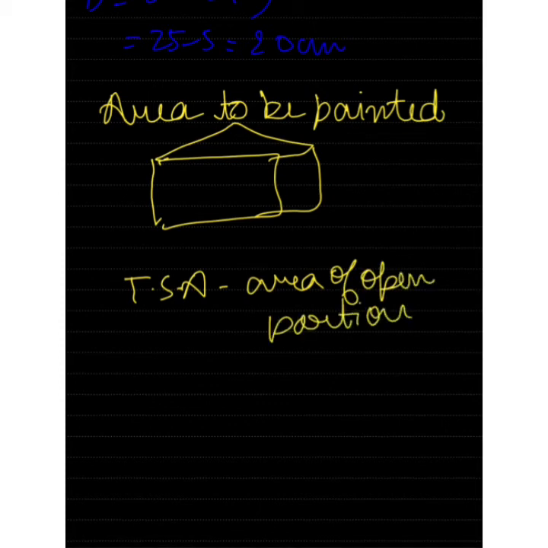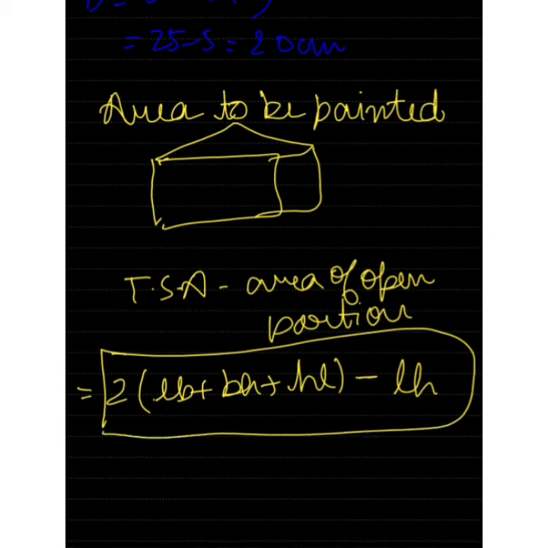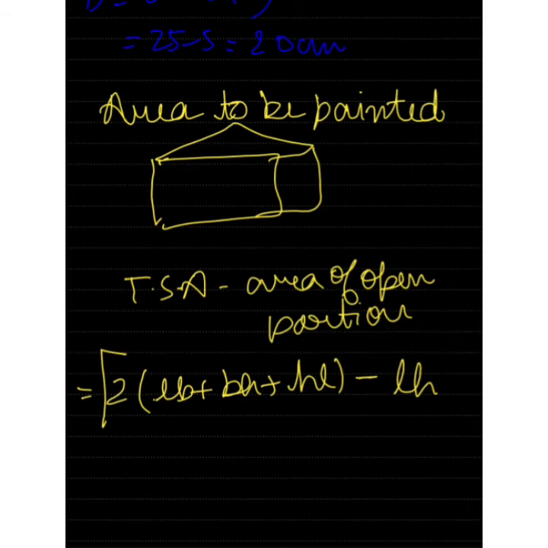So TSA of cuboid, as discussed earlier, is twice of length breadth plus breadth height plus height into length, into, now subtract the area of the open portion, that is length into height. Now we calculate the area of only one face. Now one drawer, so we have 3 drawers, and as the dimensions of all 3 are the same, we can multiply it by 3, and therefore it will result in the overall area that is to be painted.